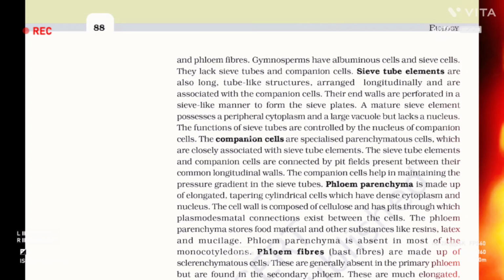Their end walls are perforated in a sieve-like manner to form the sieve plate. A mature sieve element possesses a peripheral cytoplasm and a large vacuole but lacks a nucleus. The function of sieve tubes is controlled by the nucleus of the companion cell.